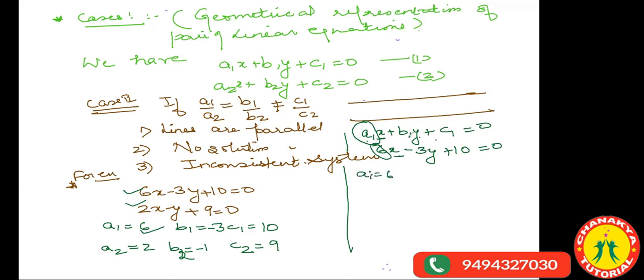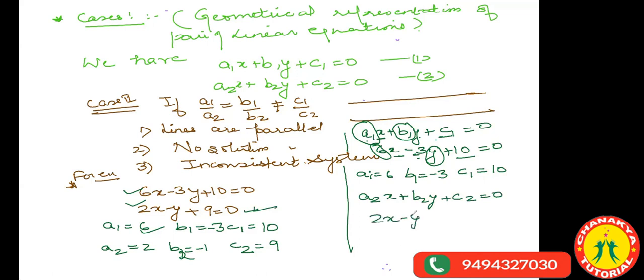Now here the coefficient of y is B1 and in the equation the coefficient of y is -3, so the value of B1 will be -3. Clear? Now plus C1 and plus 10, so the value of C1 will be 10. Now take the second equation in the same way: A2x plus B2y plus C2 is equal to 0, and the second equation is 2x minus y plus 9 is equal to 0.